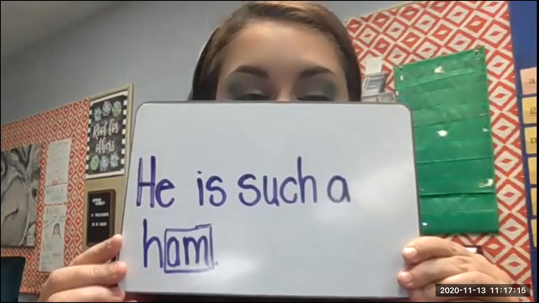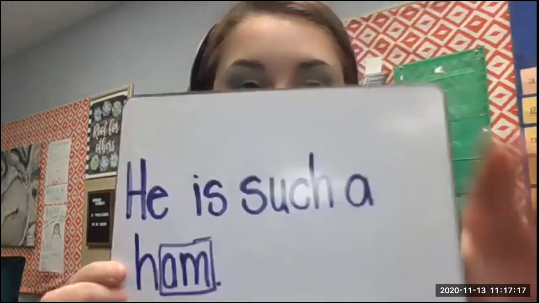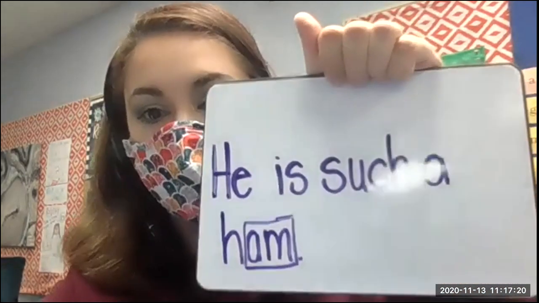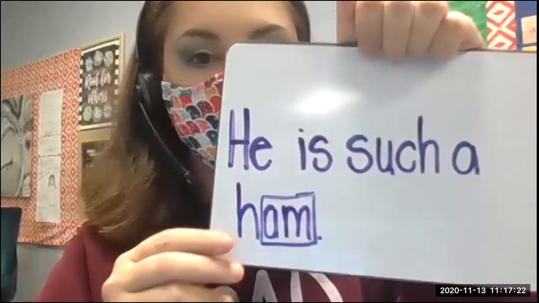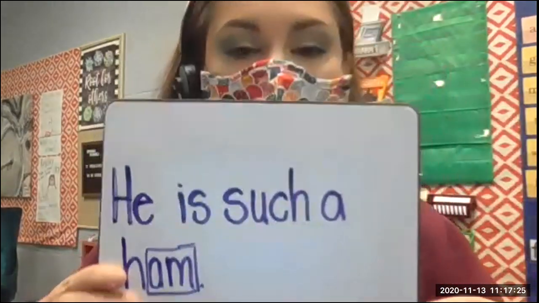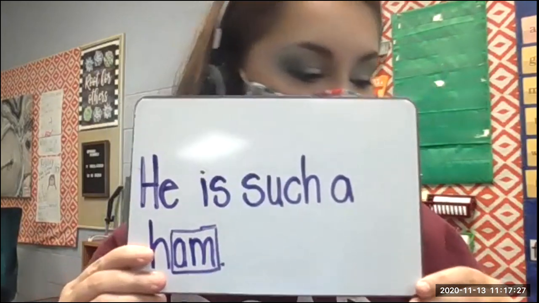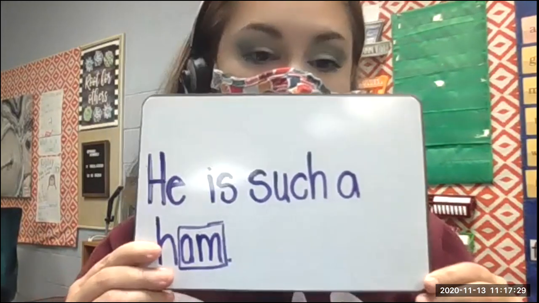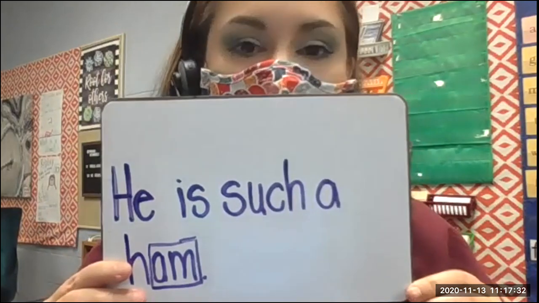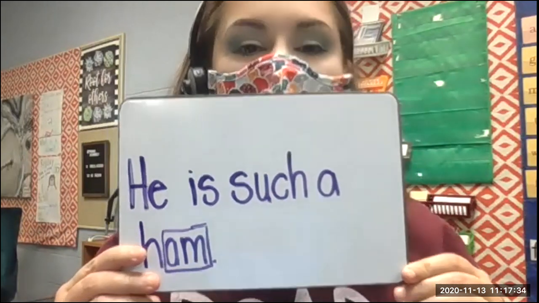All right, I'm going to show you mine so you can check yours. H with a capital H is, such, a, and then ham. And right now I have a period at the end, but I'd like to change it to an exclamation point because we're talking about this guy who's trying to make everybody laugh and it's silly. So you would say it, he is such a ham. So we would end that with an exclamation point. So I'm just going to add that in and you can add yours in as well.